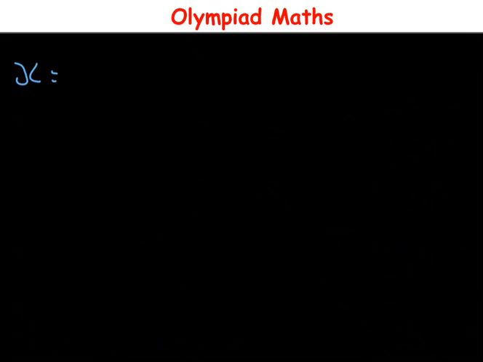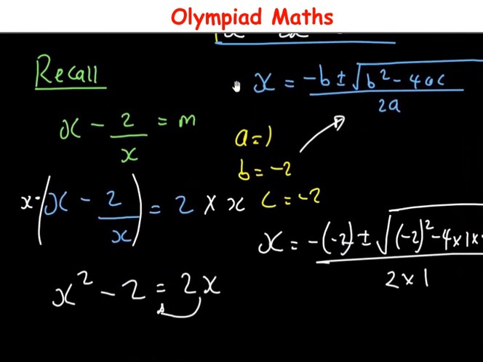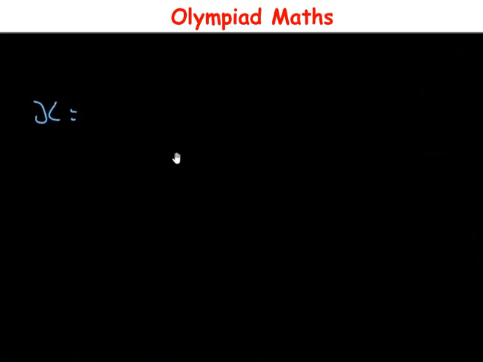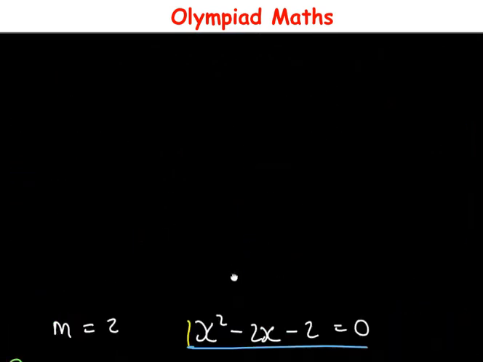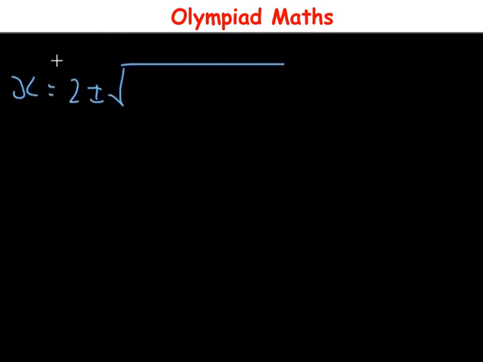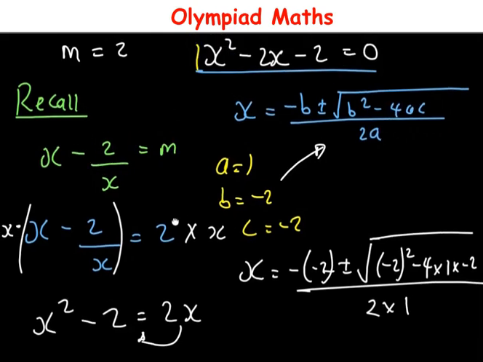x is then equal to minus times minus 2 is equal to plus 2. So writing down plus 2 plus or minus square root of, from here, minus 2 squared is 4. So writing down 4, then the next one is minus 4 times 1, minus 4 times minus 2 plus 8.